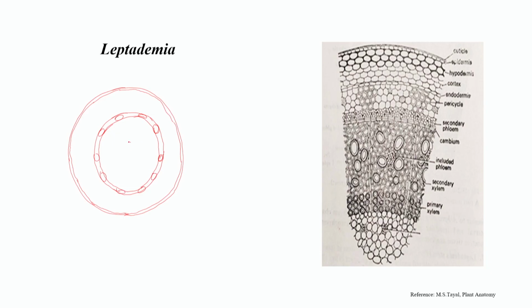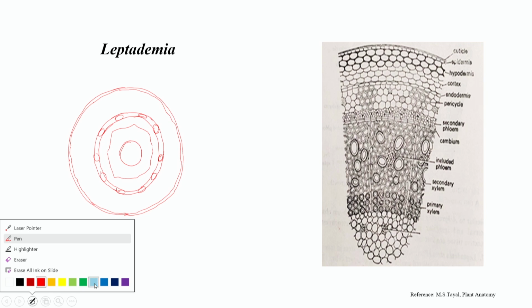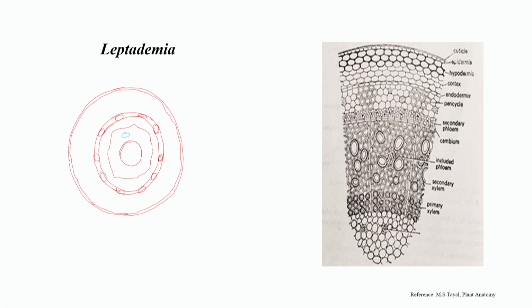Then in the center you will have pith. And then you will have secondary xylem, and in that secondary xylem you will have included phloem.